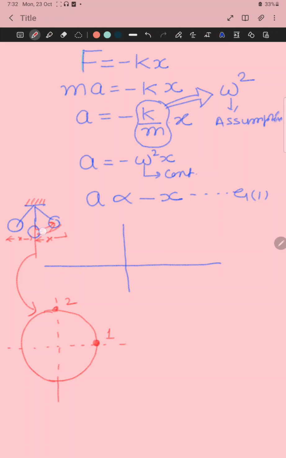Once again it returns back to the mean position, we can say the point reaches from 2 to 3, then goes to the next end, 3 to 4, and once again returns back to the original, 4 to 1. So basically these points are executing circular motion.